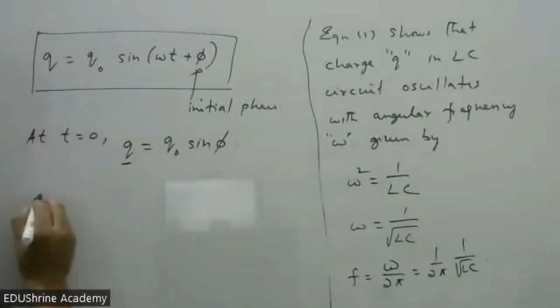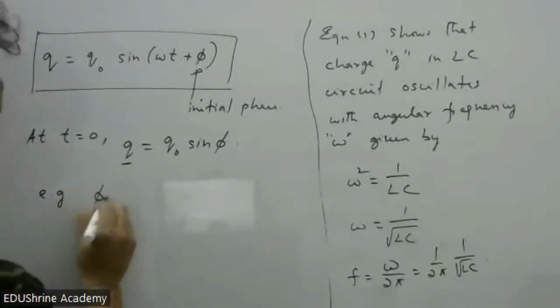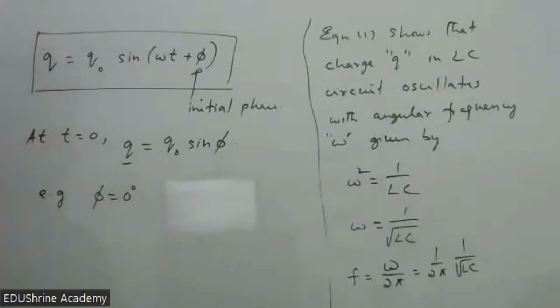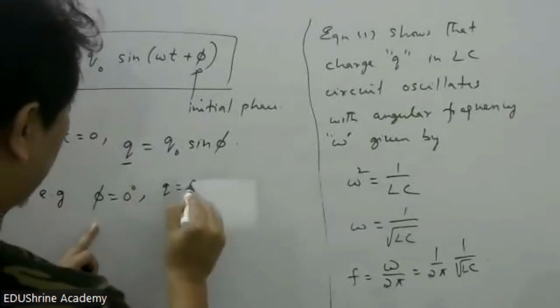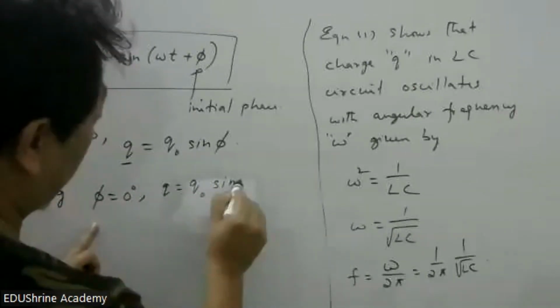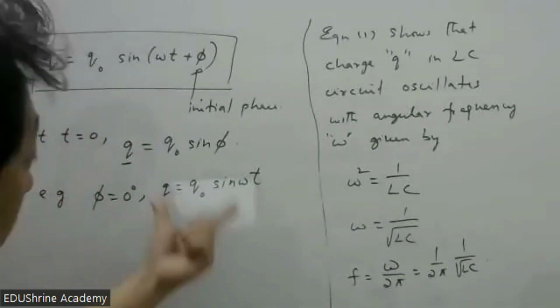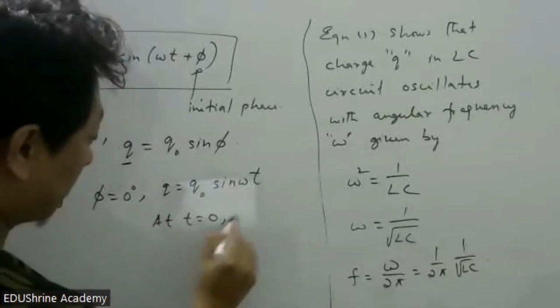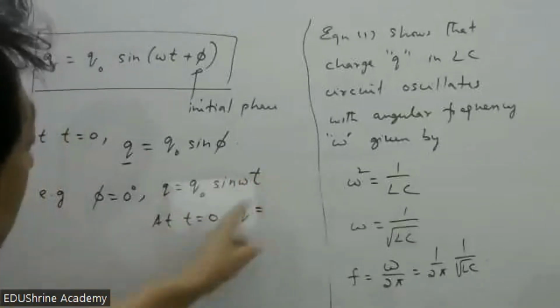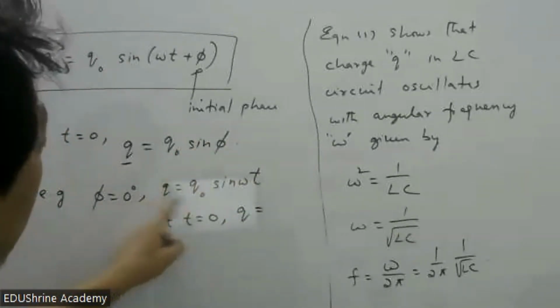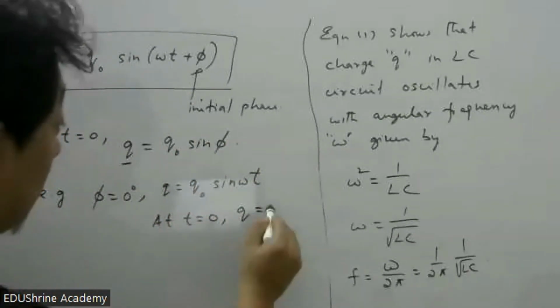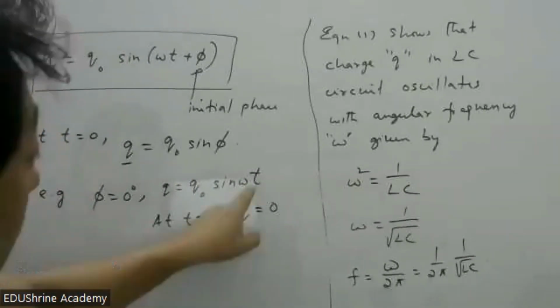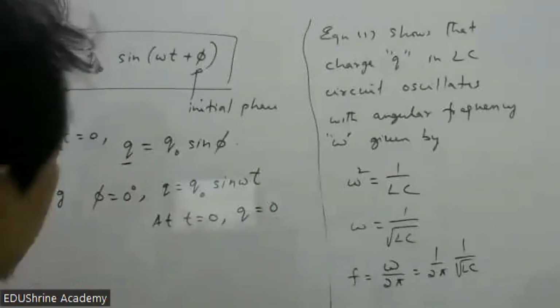So for example, suppose you want phi to be 0. The formula will become Q equal to Q naught sine omega t. But if you write this formula, then you are assuming at t equals 0, what is the charge? First you tell, if you take this formula, what is the charge at time 0? 0. Because if you put t equals 0, sine 0 will be 0.